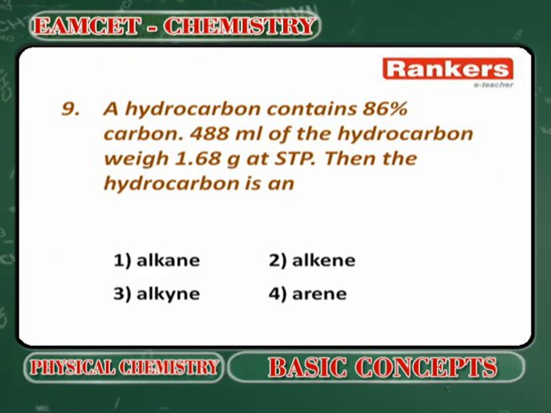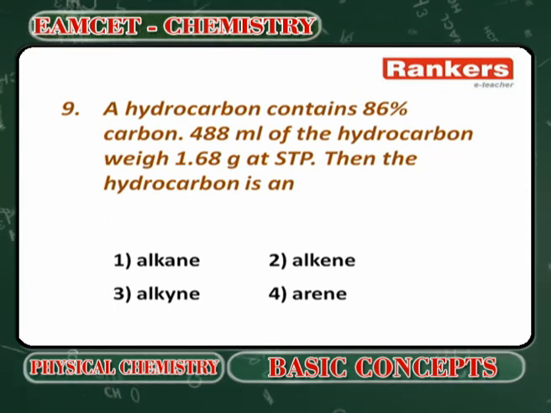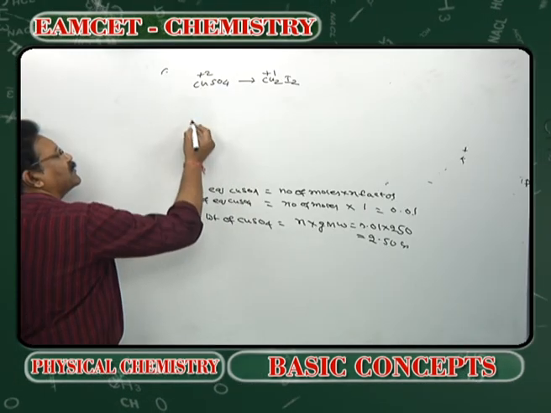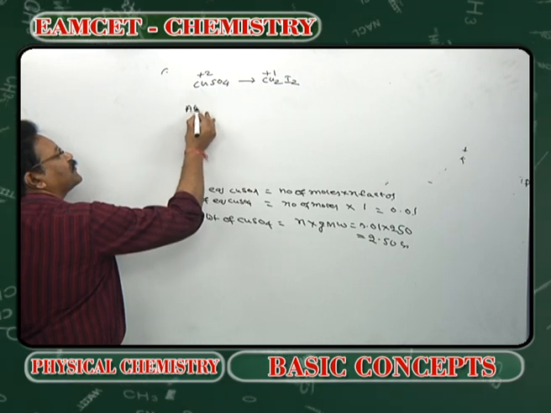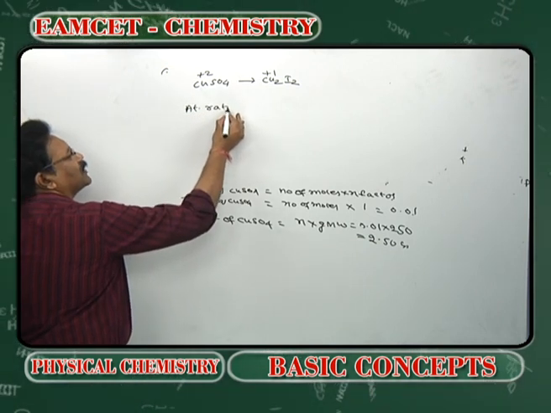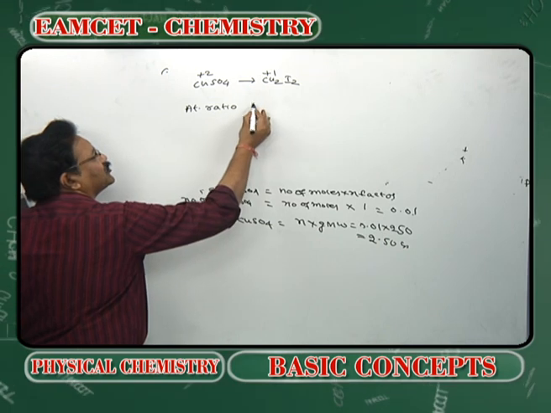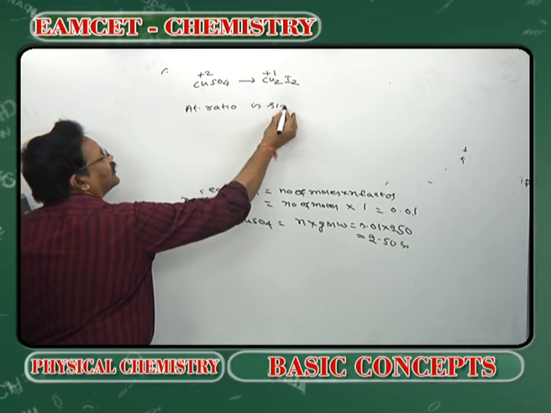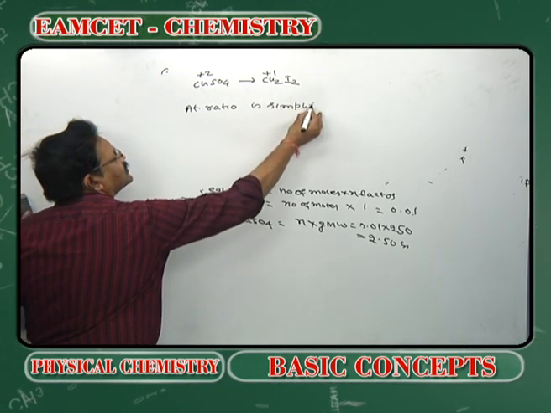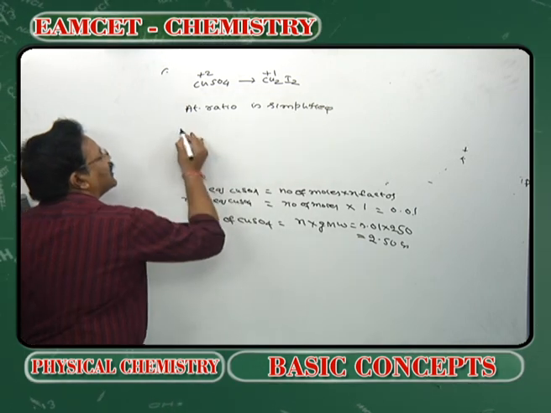Next, this question is related to the empirical formula and molecular formula. What is the way to find the empirical formula? Empirical formula is obtained when atomic ratio is simplified. What do you mean by atomic ratio?